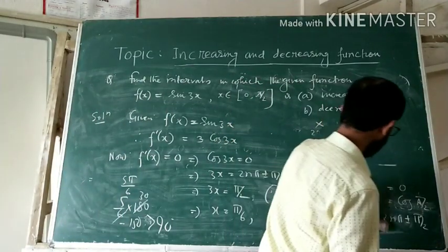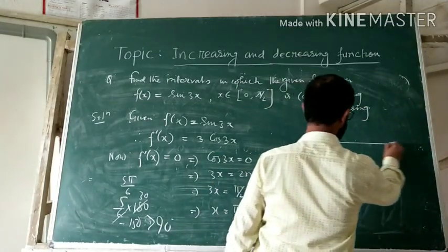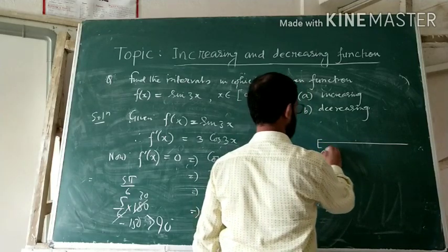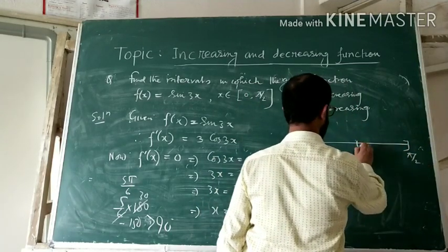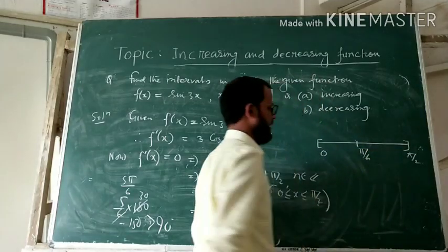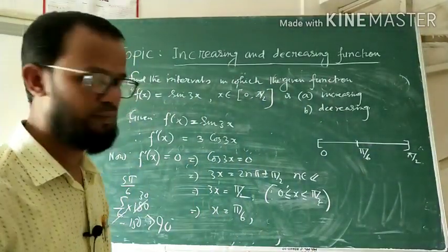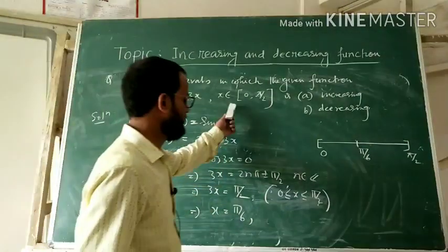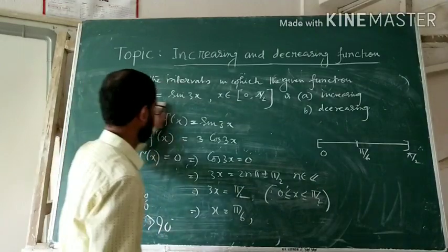Okay, now your domain is the closed interval 0 to pi by 2. Okay, this is the domain, and between them there is a point pi by 6. Finally pi by 6 divides the domain, closed interval 0 to pi by 2, into how many parts, 2 parts.